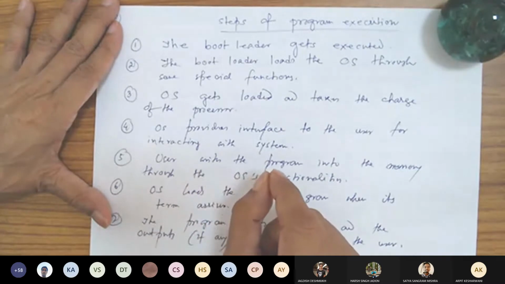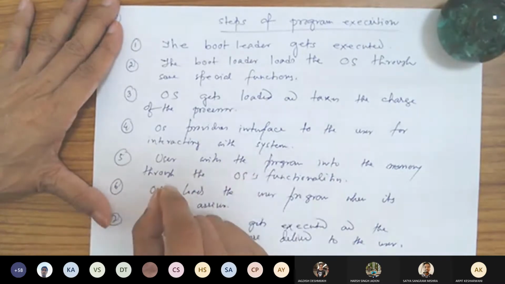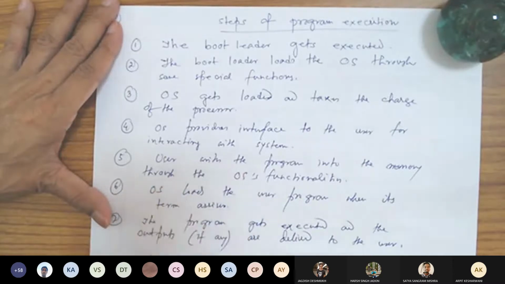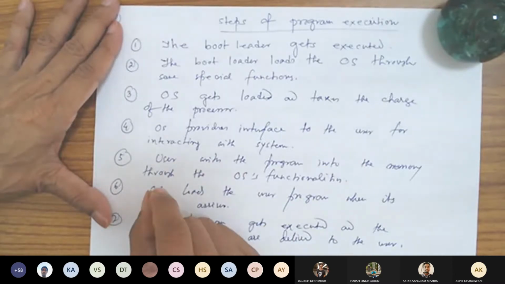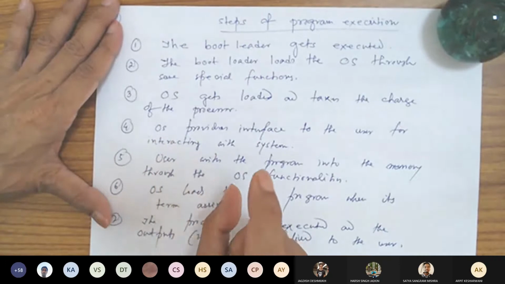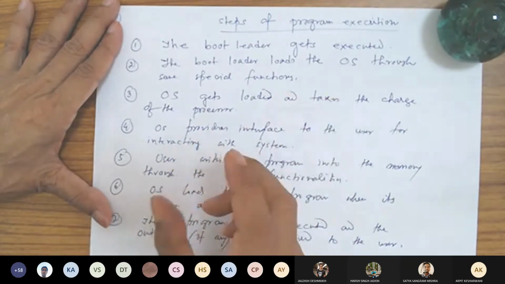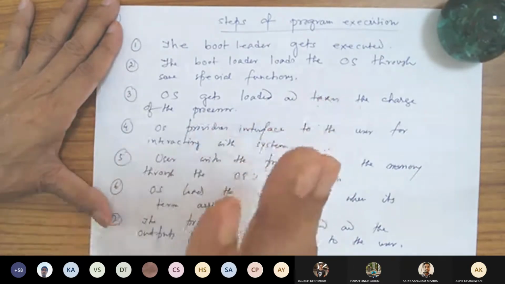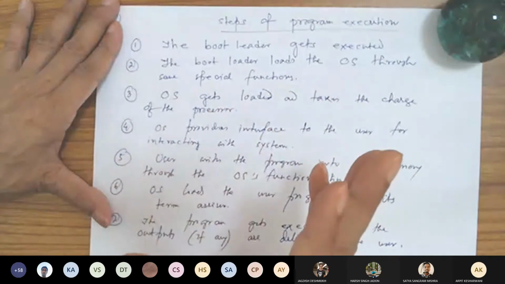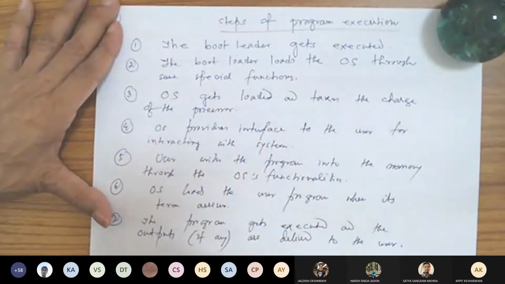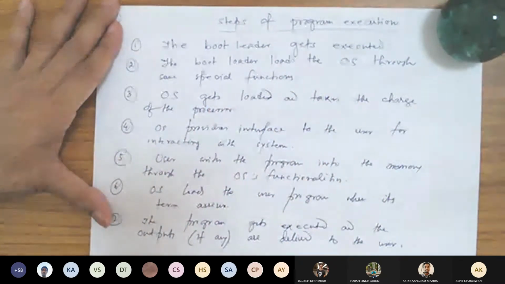BIOS has certain options where some portion is fixed, some codes are fixed, and some portion of the BIOS is backed up by battery. If you get a chance to open up a desktop computer, you'll find that we actually use a battery, the CMOS battery.